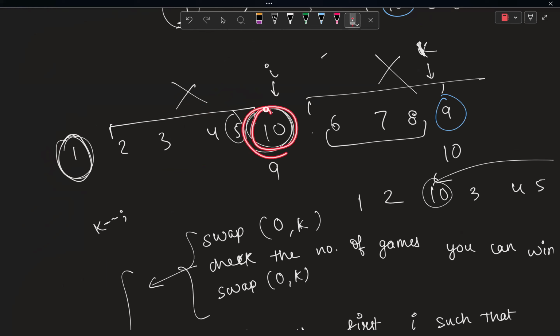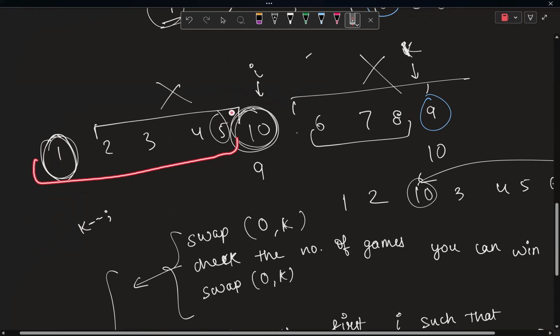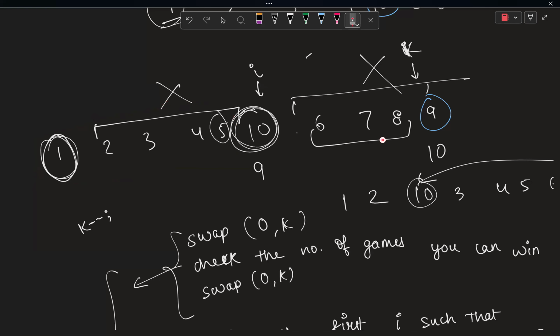Since you know that this is the very first guy who is greater than you, you already know that there will be no person on the left-hand side who is greater than you. Otherwise, let's say you did not notice this observation at that time, then you could have actually written a for loop for these people as well, that just finds the maximum of all of these people on the left-hand side. You could have done this. Okay, you got it really well, really good.